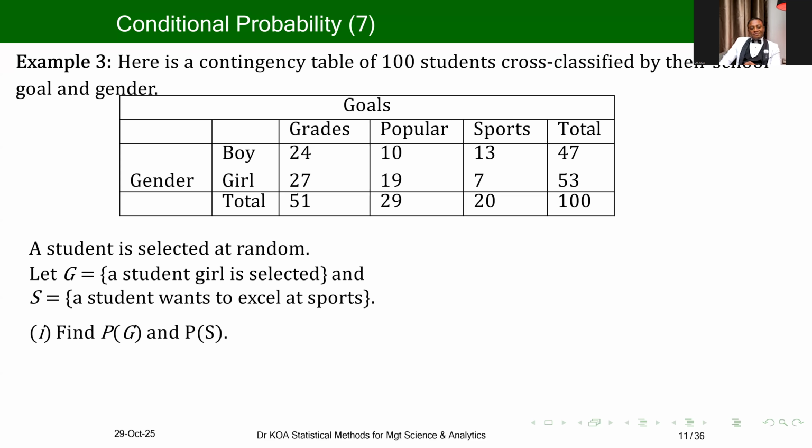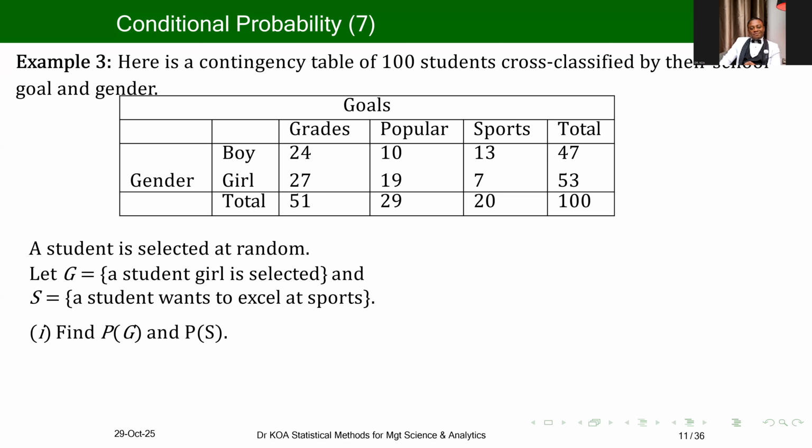First, I want you to find the probability that a student girl is selected, and then the probability that a student wants to excel in sports. It's very simple, you're just picking.